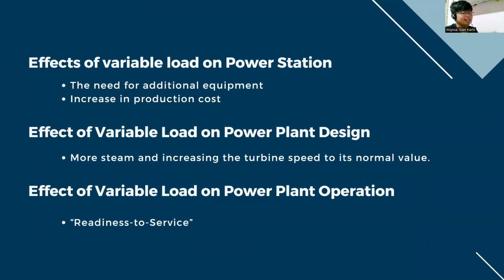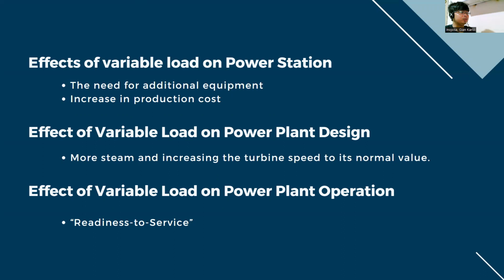So, what are the effects of variable load on our power station? The first is the need of our power station for additional equipment. Imagine a steam power station: what are the variable raw materials of our power plant? The first are the air, the coal, and the water.